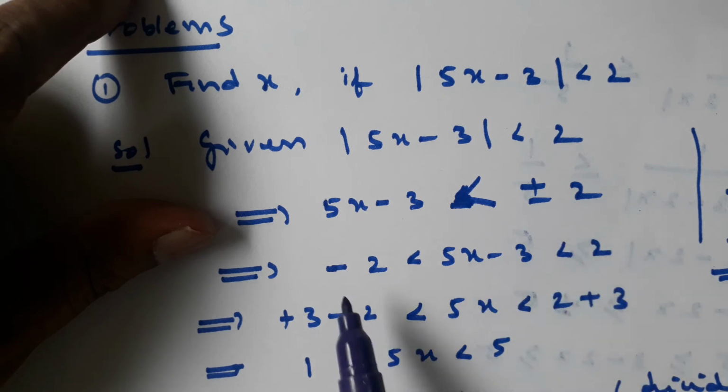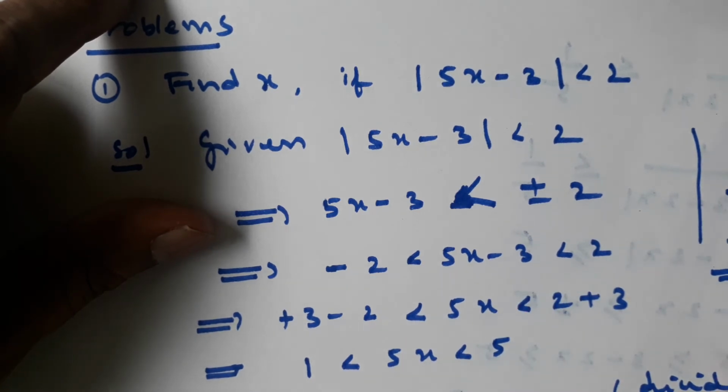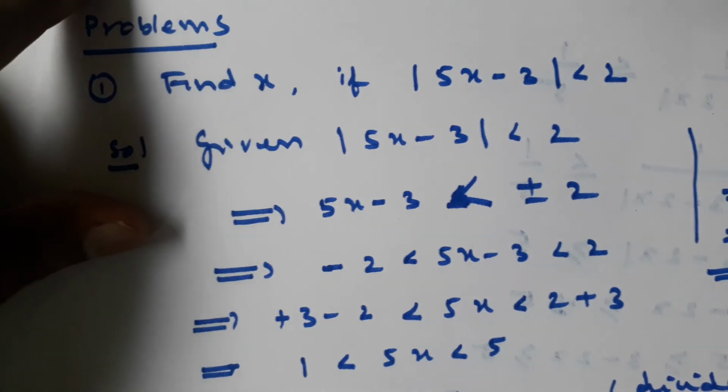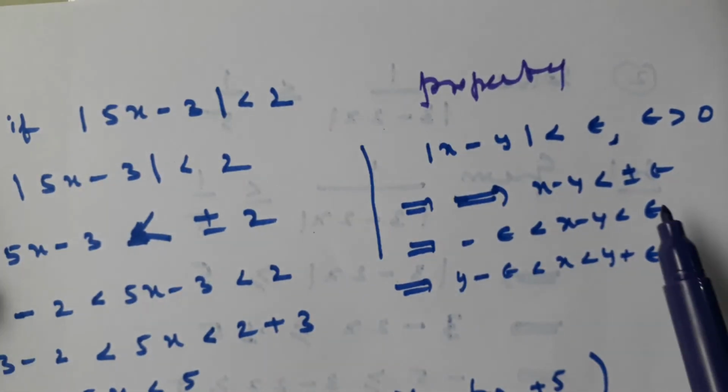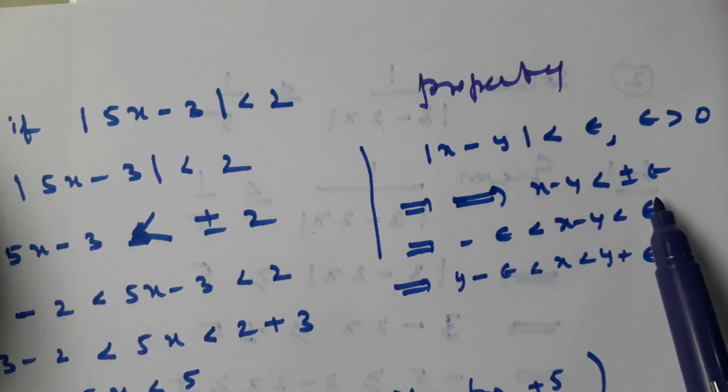So that minus 2 is less than 5x minus 3 is less than 2. One of the properties we also proved: mod of x minus y is less than epsilon, epsilon greater than 0, implies eliminating mod on both sides, x minus y is less than plus or minus epsilon.